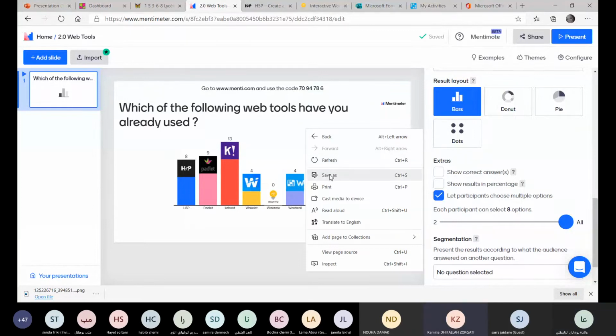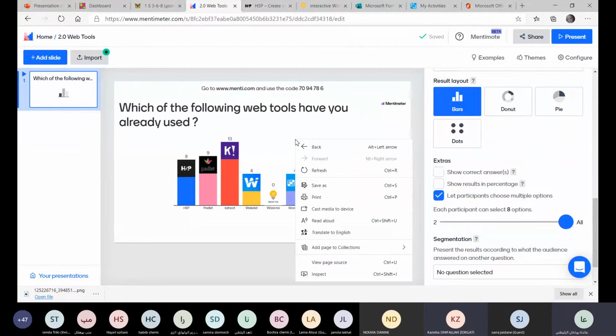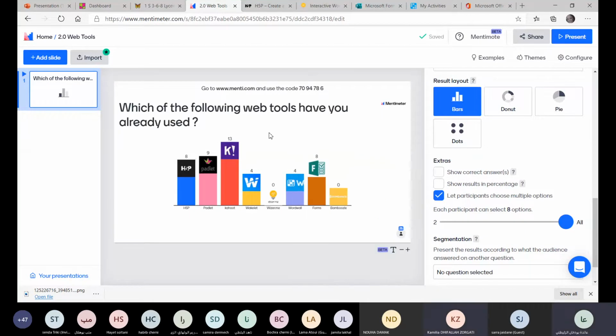So Kahoot 11. 13. Okay, so it's not updated, I guess. So Padlet 9. Kahoot is climbing.